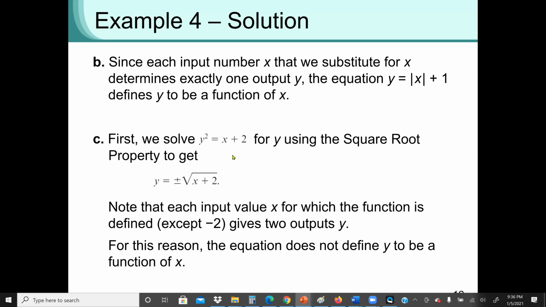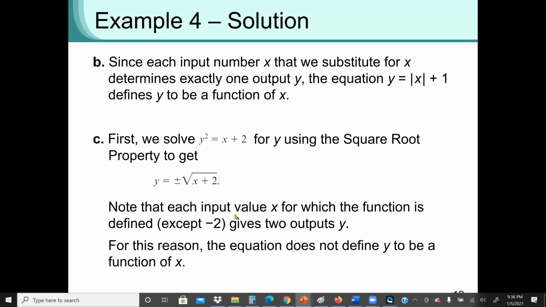Now let's see the c. y squared equal to x plus 2. Now we can see that if we are looking for y, it will be plus or minus the square root of x plus 2. So this means anytime we have a value of x, we can get more than one value for y, because we're going to get plus and minus.